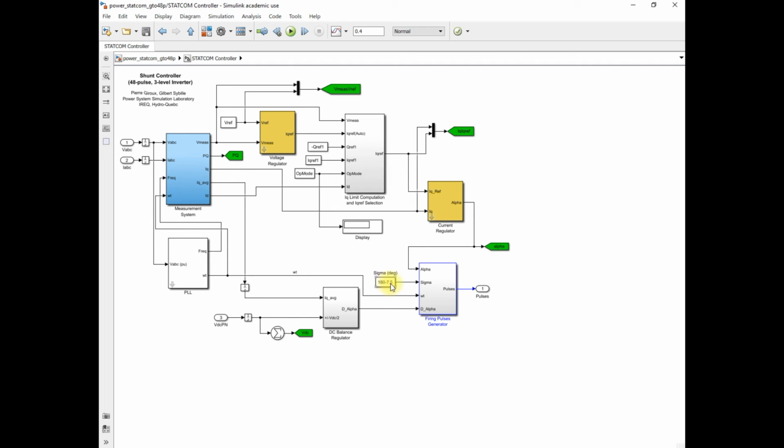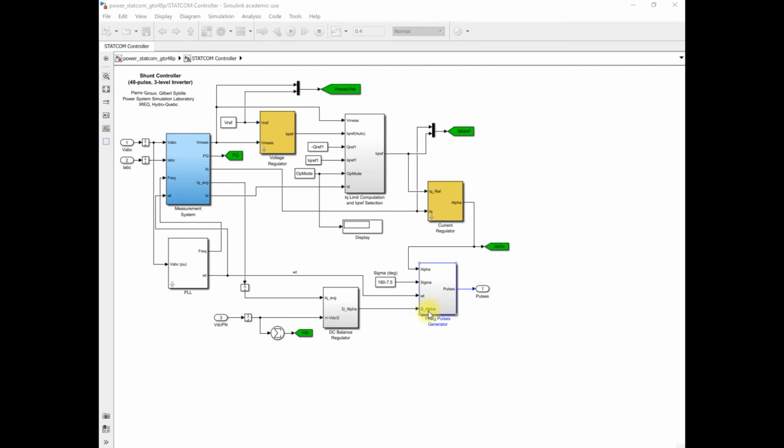So here 7.5 degrees is subtracted from 180 degrees, so that sigma is provided. Then omega t, that you got from the PLL block, provides the synchronized pulses. And then the output voltage provided by this voltage source converter is also synchronized with the power system.